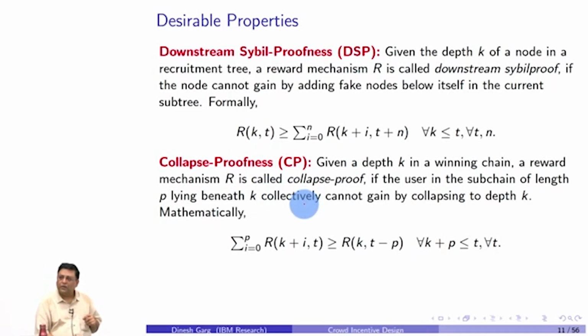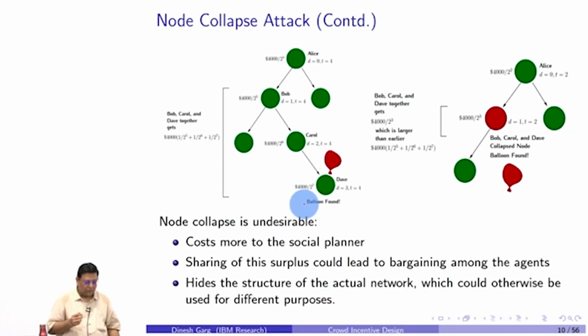For example, here, let us say Bob had recruited this node, we are not given the name, but in this chain, this node was recruited by Bob, and probably they would have put in effort also, but somehow were not lucky to get the balloon, and in this scheme they don't get any reward, right?